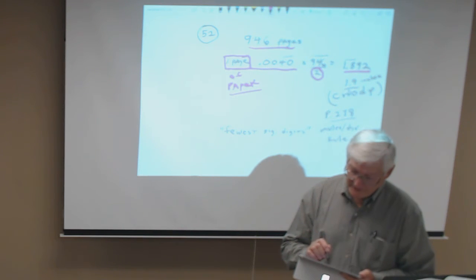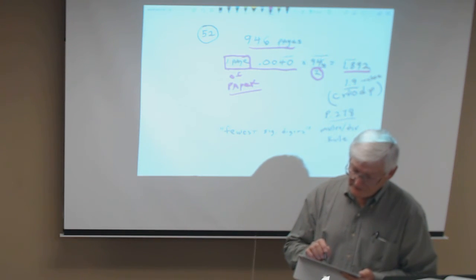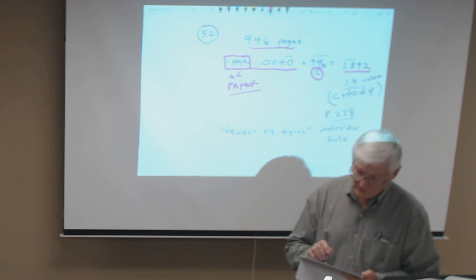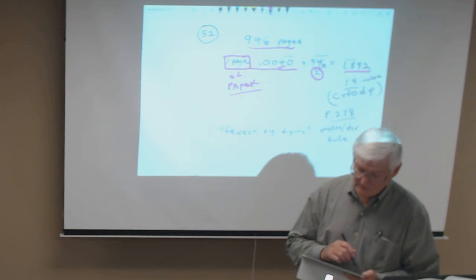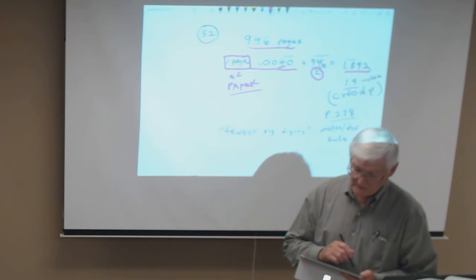How many decimal places here? 1. 1 significant digit.